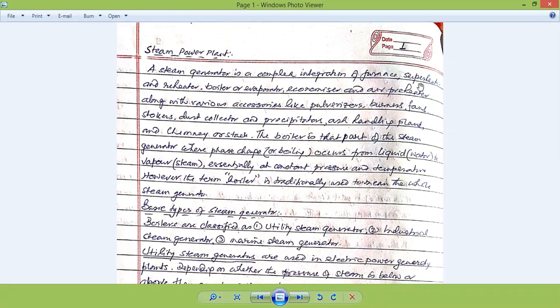Next, we go for the superheaters. The fuel is burned with the oxygen of the atmosphere, with the oxygen of air. But if the air is used at cool or room temperature, then more fuel is required to generate the heat for boiling the water.